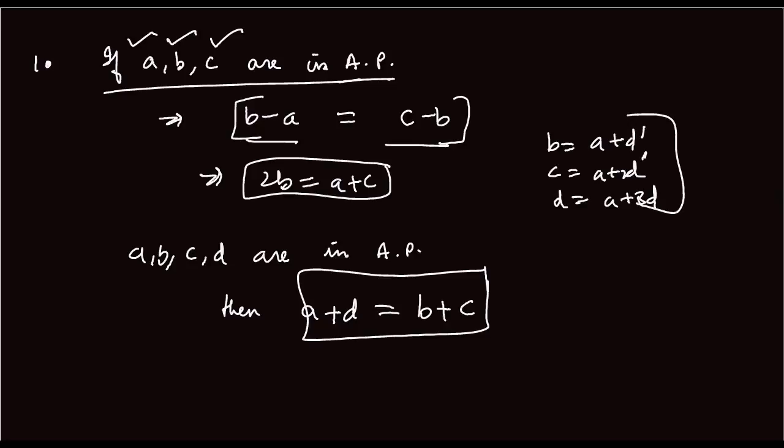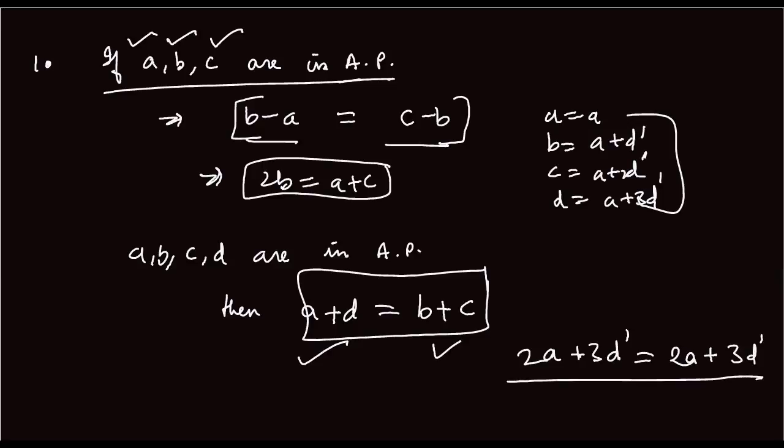Let's say D dash, because we are using D here. Now add A and D. The LHS will become 2A plus 3D dash, and the RHS, B plus C, will become 2A plus D dash plus 2D dash, which is 3D dash. So this is always equal. It does not depend on the value of D dash or the value of A.